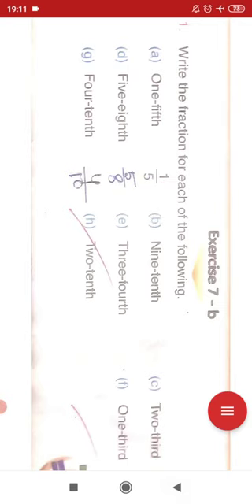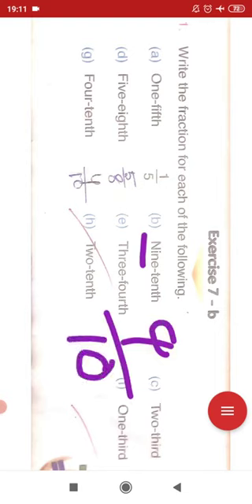Now let's solve B, nine-tenths. This is the name of a fraction. As I told you, the first word, nine, will be the numerator. Tenth will be the denominator. So 9/10 is the fractional number. You can see this extra th is added at the end of the denominator.